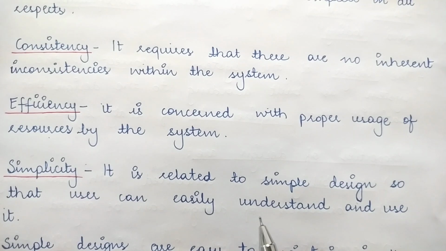If the design is simple, it will be easier to understand for a third party who has not designed the system. So for that reason, the system design should be as simple as possible and should convey all the meaningful information.